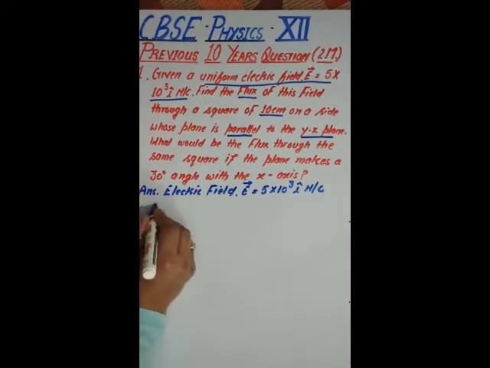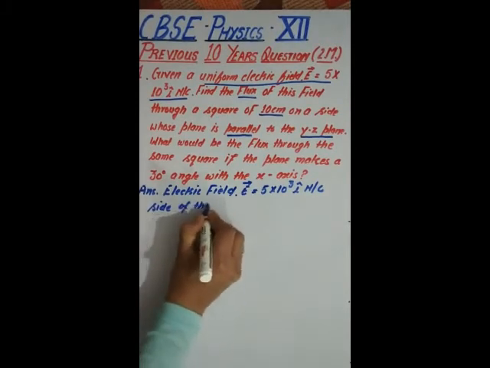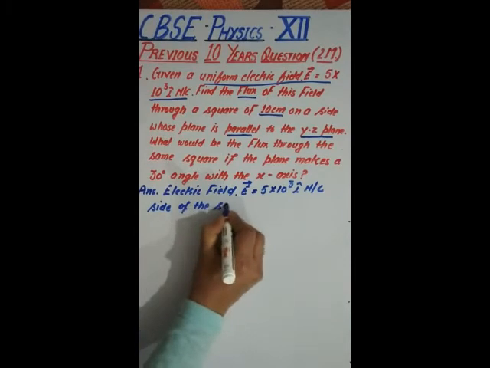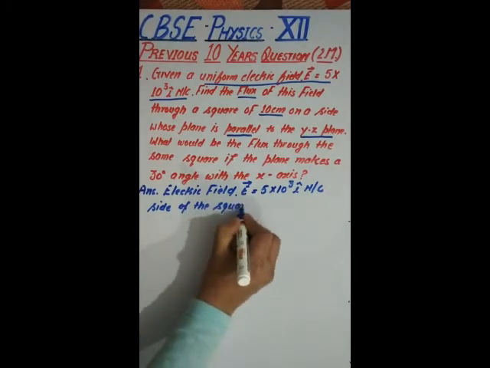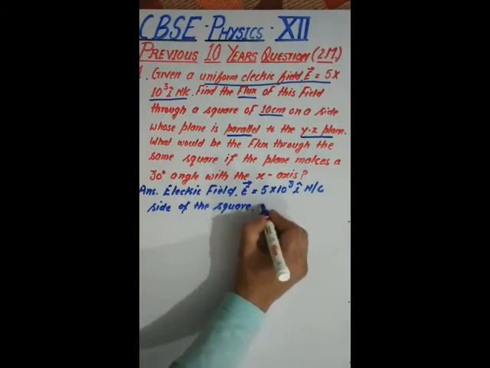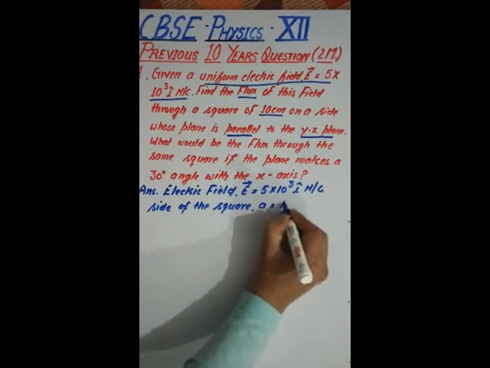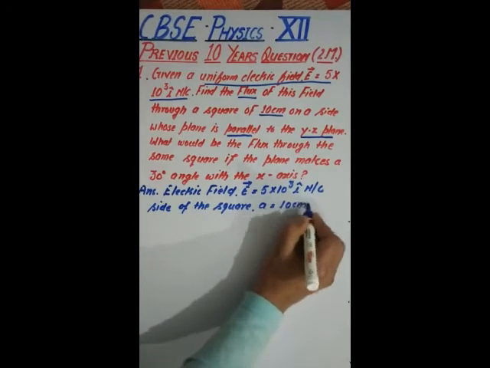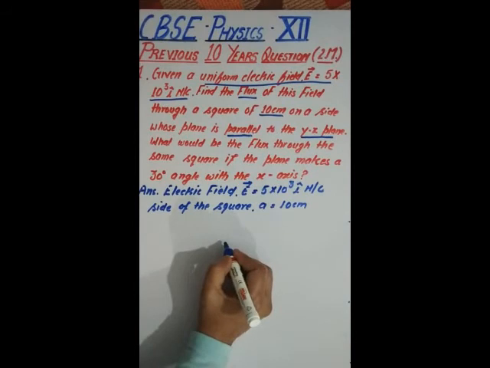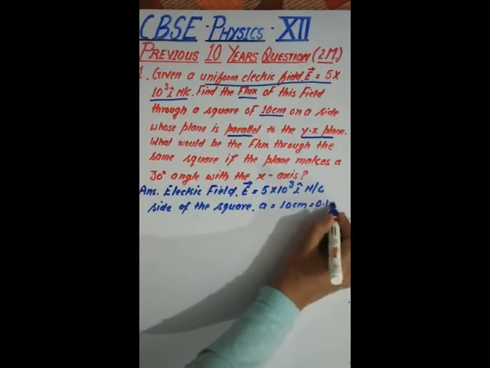So, side of the square, suppose the side is represented by a equals 10 centimeter, or we can write it in meter, 0.1 meter.